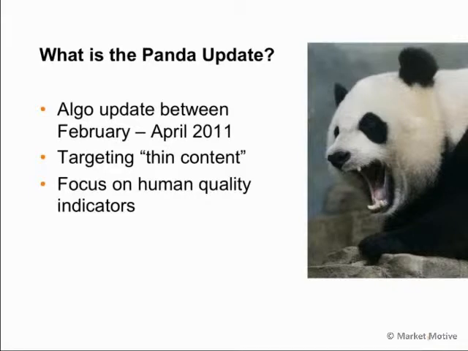So it was intended to target this thin content, and it was based on a lot of different things, including human quality indicators. So they had real people look at these sites and say, okay, what indicators go into making a quality site? And if this site or page doesn't meet these goals, we're going to incur this penalty or this update, this filter to that website.